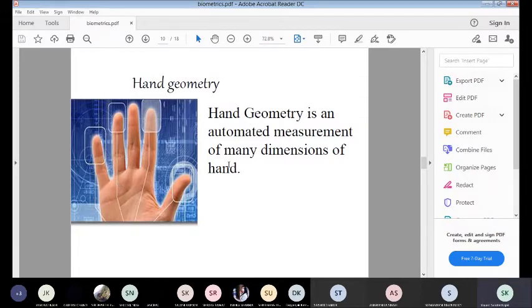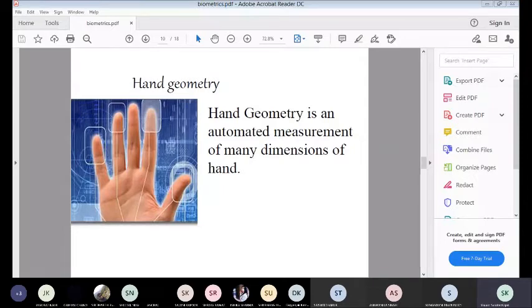If we are using the hand in biometrics, or as I said different physical parts like face, thumb, hand or iris, we use them according to the application and the sensitivity of the data, and how sensitive the information is that you are going to access. Suppose it is about bank transactions, the security may be very high.